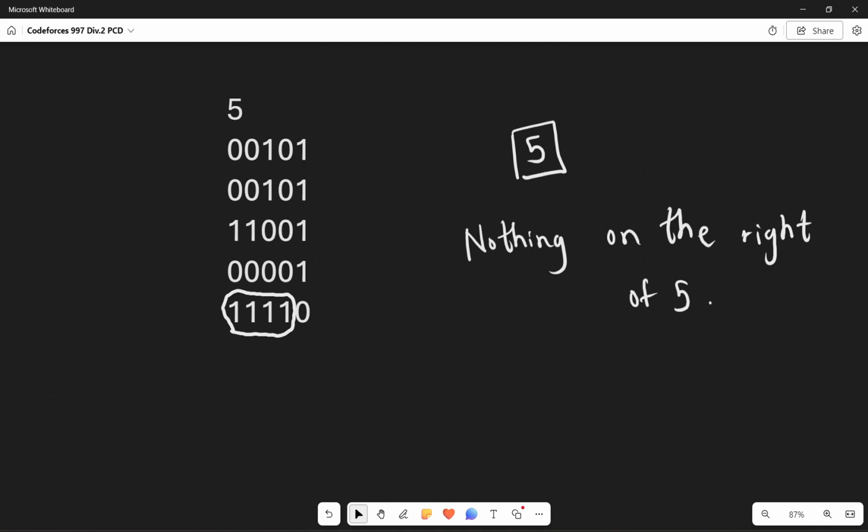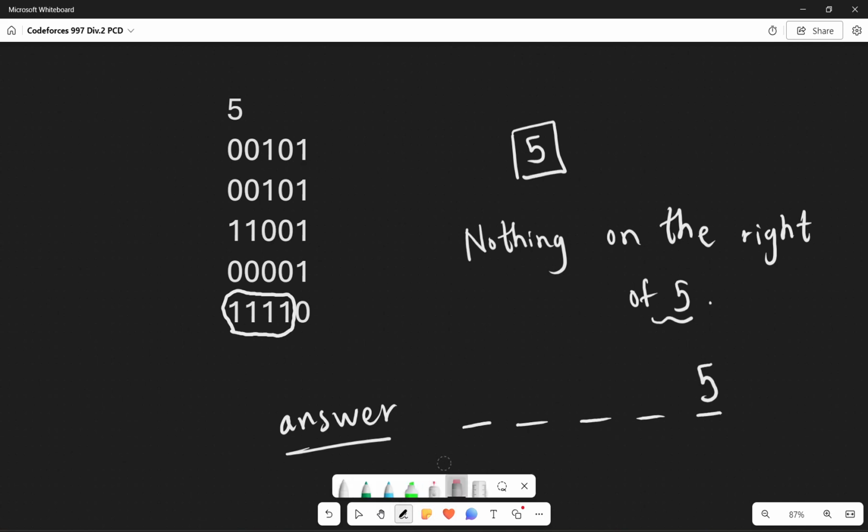These are our positions in the answer array. So there's nothing on the right of 5, so 5 is the rightmost element. Let us climb up in our matrix.